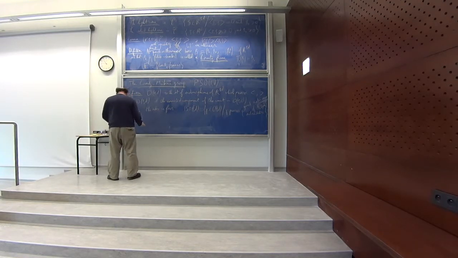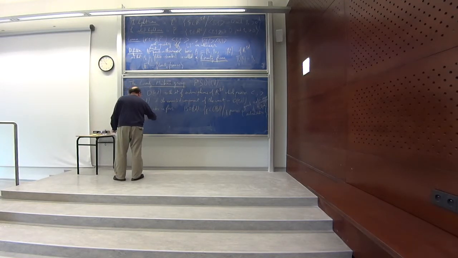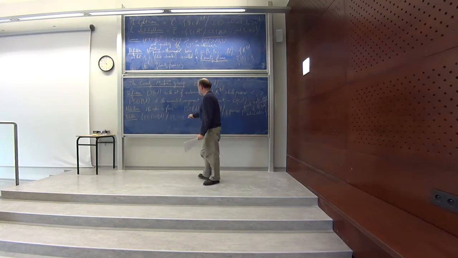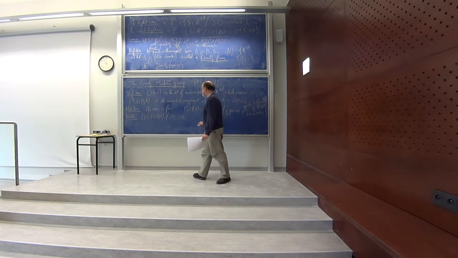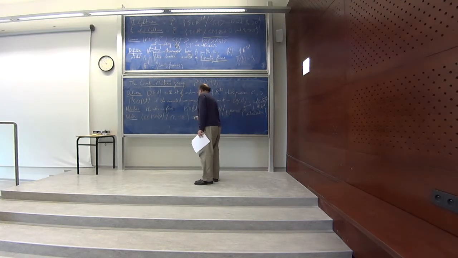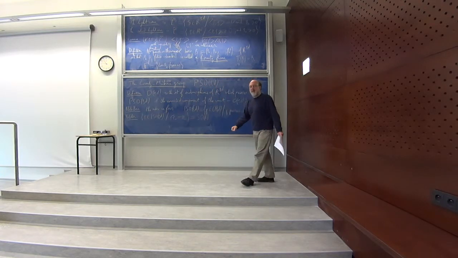The subgroup of those gamma in PSO(1,d) which preserve the first canonical base vector will be identified with, and is isomorphic to, of course, SO(d), the rotation group.